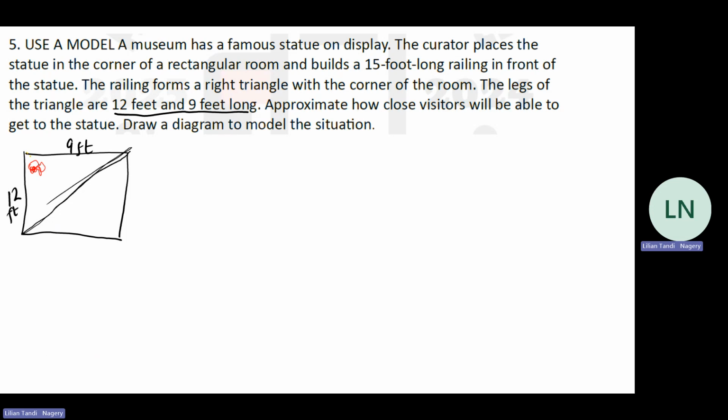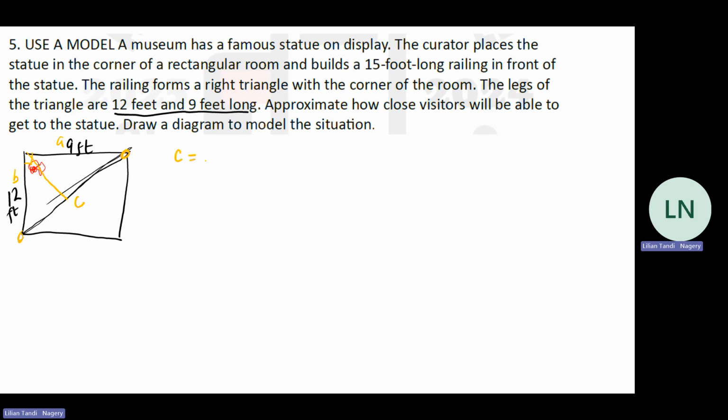I'm going to draw this here. Okay? So let's first find the distance from here to here, because that's very important. So we use Pythagoras theorem. So this is A, this is B, this is C, because this is the 90 degrees here.